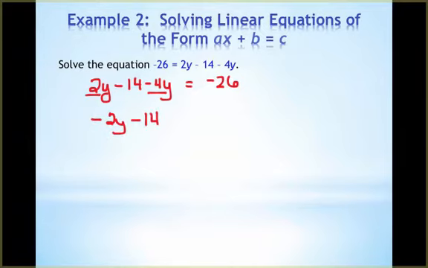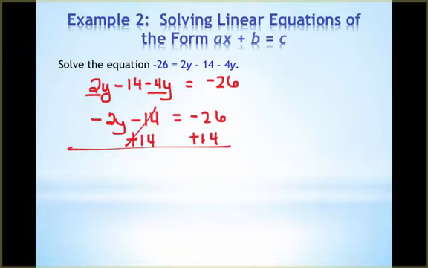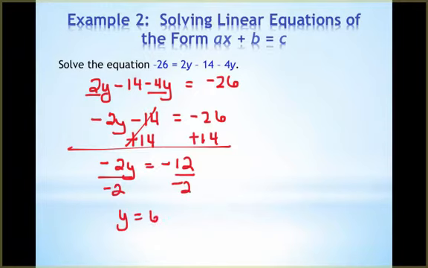Then I'm just going to go ahead and bring down my minus 14 since there's nothing to combine with it. Then to get rid of minus 14, we're going to add 14 to both sides. So those will cancel and give me negative 2y equals negative 26 and 14 would be negative 12. Then we divide both sides by negative 2 and we get that y is 6.